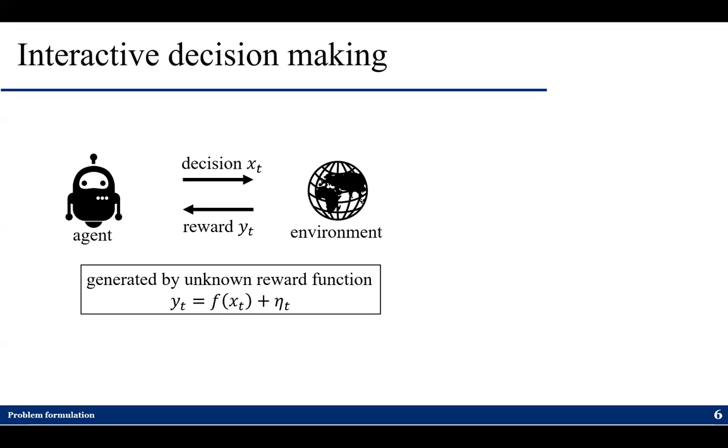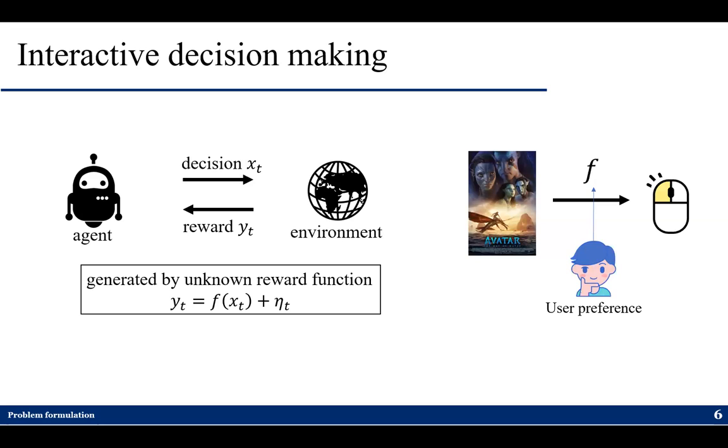So to be more specific, we are considering an interactive decision-making problem that looks like this. Every time the agent makes some decision, which is denoted by x_t, then the environment will immediately provide a feedback denoted by y_t. And we assume this feedback is generated by some unknown reward function, which is denoted by f(x_t), plus some stochastic noise.